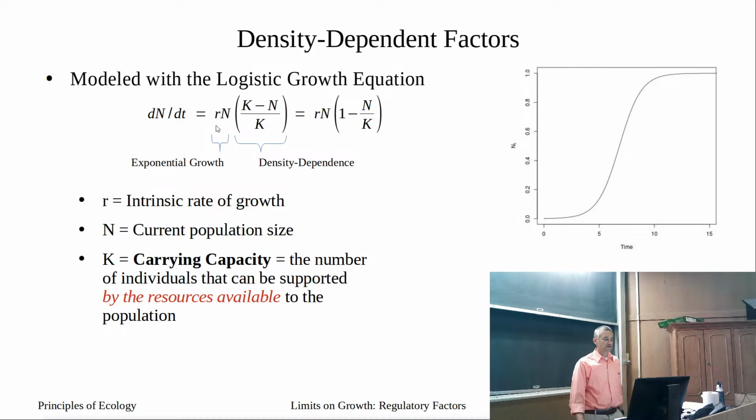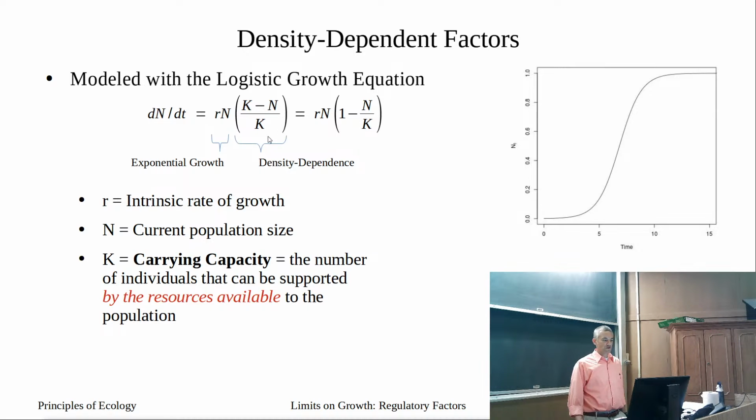But we know that this exponential growth usually doesn't happen in nature. That's why we measure R, little r, when our population sizes are low. Because you have competition that takes place, you have other internal and external regulatory factors that limit growth of populations. So to model that growth, we have the logistic growth equation, where we have our exponential growth term, and then we have the term that's due to density dependence.